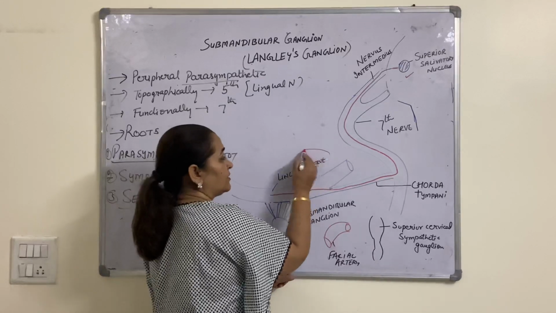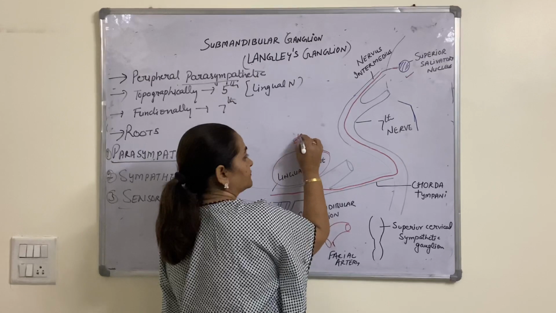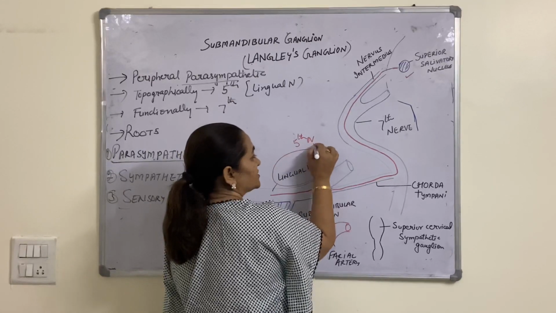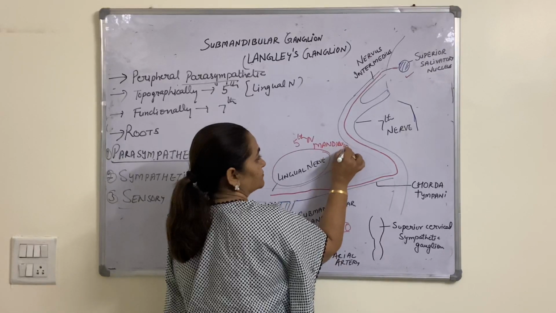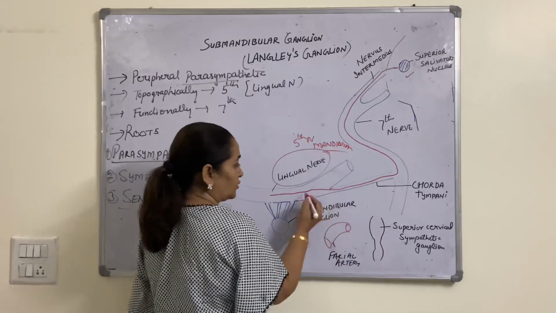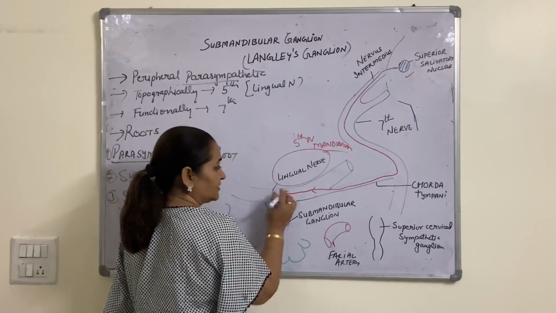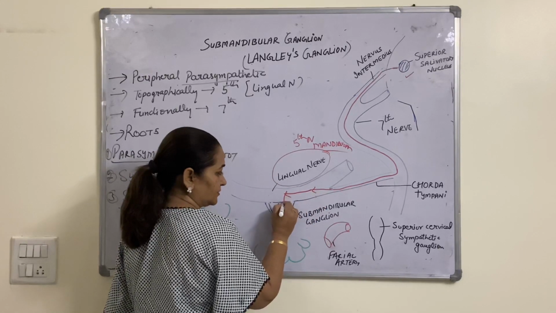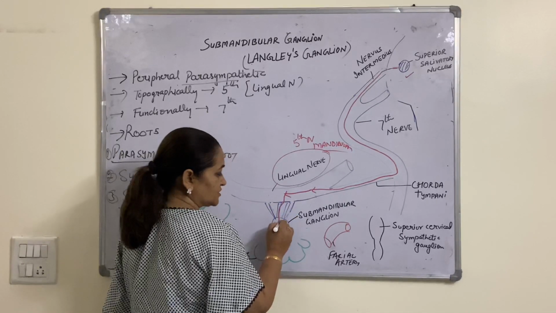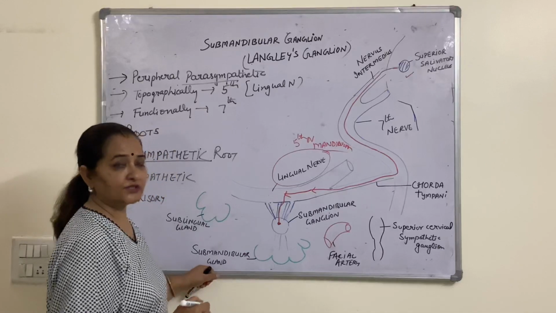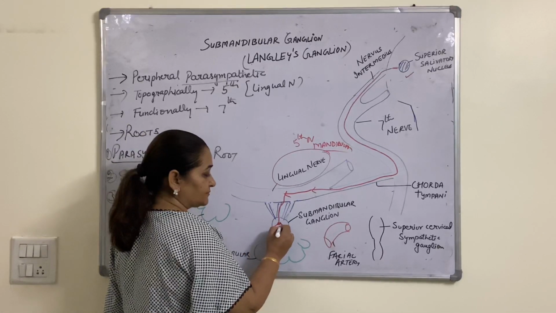This lingual nerve is the branch of the mandibular division of the fifth nerve. Which division? That is mandibular. Clear? Now the fibers enter through the ganglionic branch into the ganglion, which is present in relation to the hyoglossus muscle. The relay of the fibers happens over here.